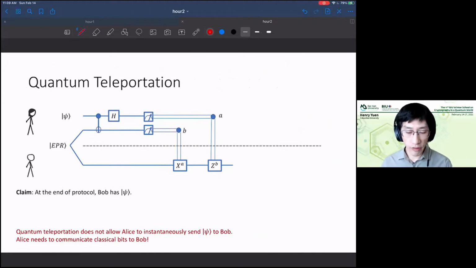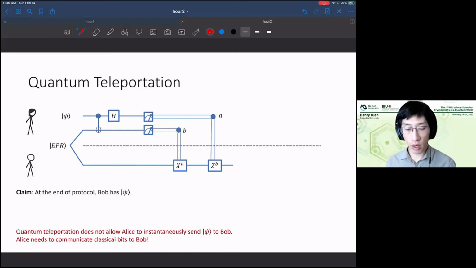And if Bob didn't receive these 2 classical bits, then there's no way for him to recover this qubit psi. From his point of view, it just looks like a completely random qubit. And we'll actually make this more formal when we talk about mixed states in just a little bit. But yeah, this classical communication is necessary.